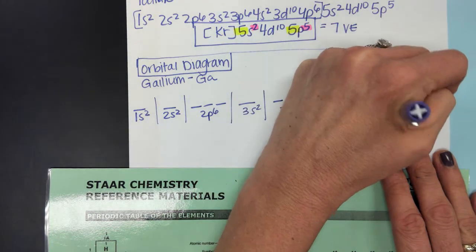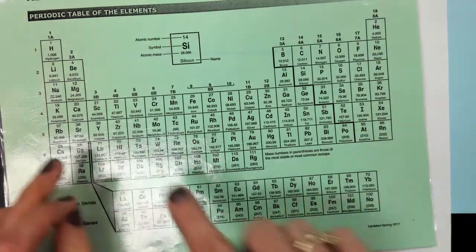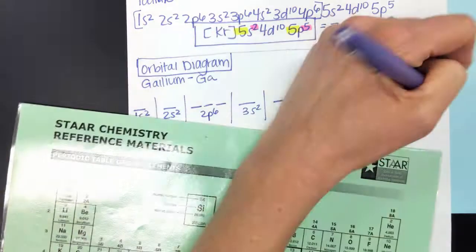And then finally back on 4p, and he's my first block in 4p, so 4p1.